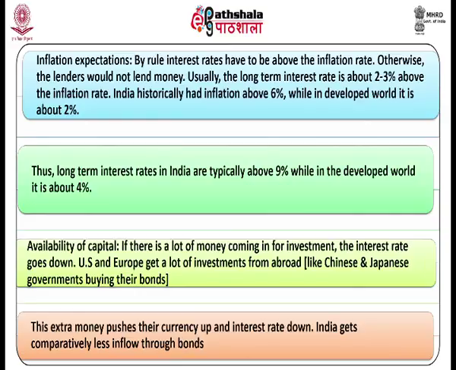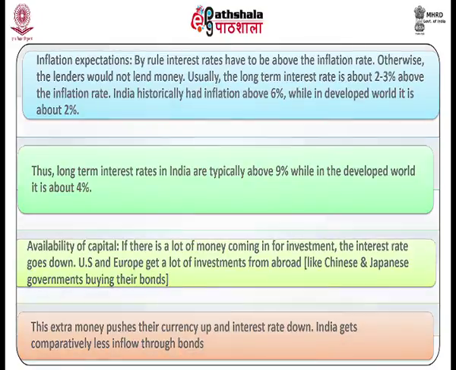Second, availability of capital. If there is a lot of money coming in for investment, the interest rate goes down. US and Europe get a lot of investments from abroad, like Chinese and Japanese governments buying their bonds. And this extra money pushes their currency up and interest rate down. India gets comparatively less inflow through bonds.